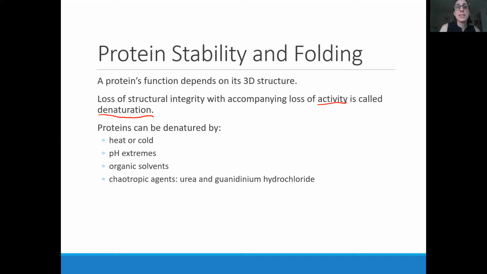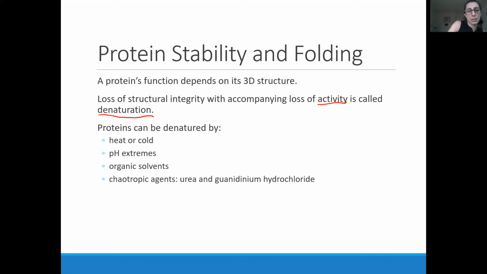And proteins can be denatured through a variety of means. You can denature them in extreme temperature, so heat or cold. You can denature them by putting them into extreme pH environments of acid or base. You can denature them with organic solvents, so things like acetone. And you can also denature them with other agents. Chaotropic agents is what we call them, like urea and guanidinium hydrochloride.